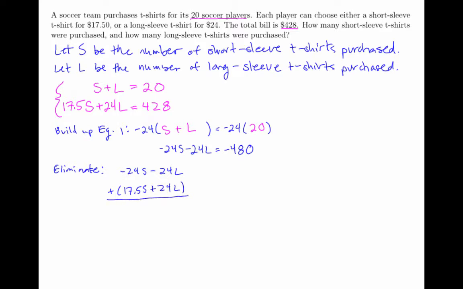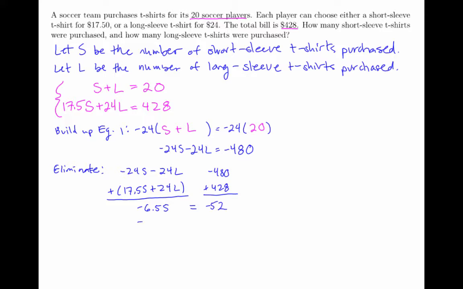And on the right-hand side, we're going to have negative 480, and then we'll add 428. This will leave us with negative 6.5s on the left. Negative 24L and positive 24L equal 0, but negative 24s and positive 17.5s equal negative 6.5s. And that is equal to negative 52, which is on our right side.